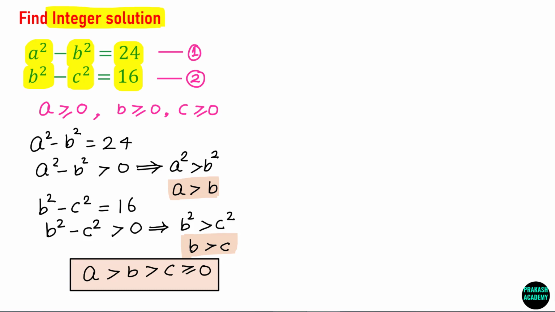Now let us consider the second equation, that is b square minus c square is equals to 16. Now I can use the formula a square minus b square is equals to a plus b into a minus b. So I can write b square minus c square as b minus c into b plus c, and this is equals to 16.